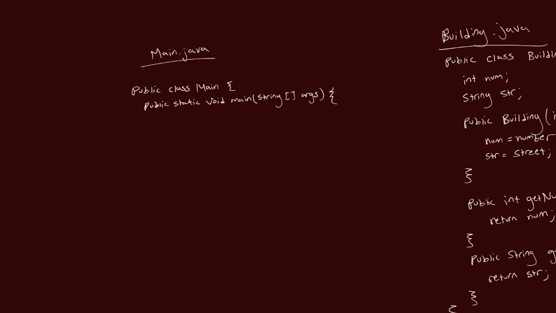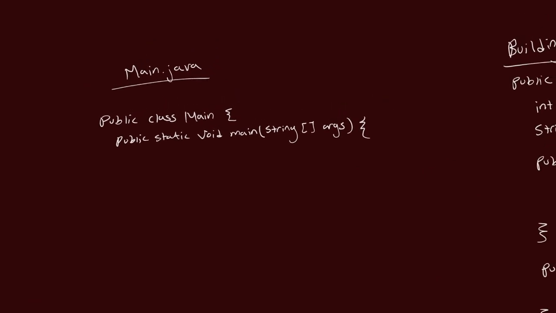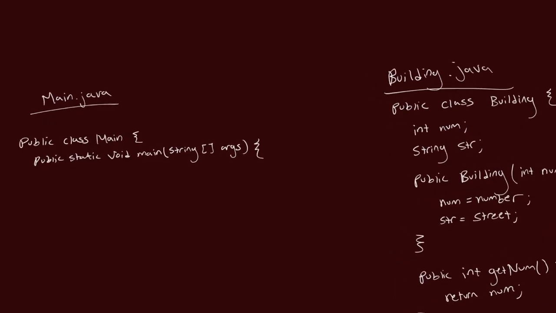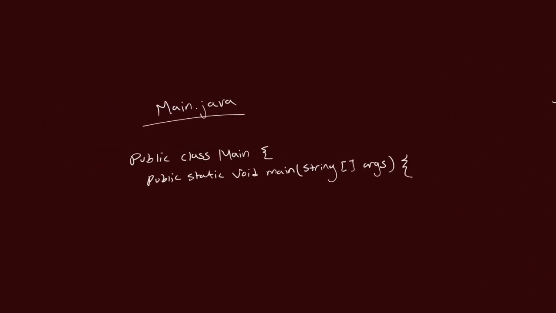Now in here, let's say I want to get the portfolio for 3 buildings, and I'm gonna store them into an array. So remember how we make an array. It'll be Building square bracket, and I'll do build equals new Building, and then the size of the array.